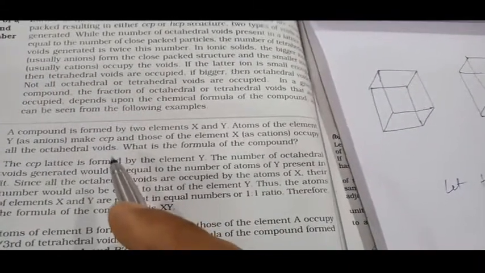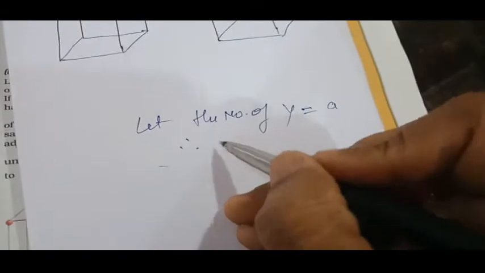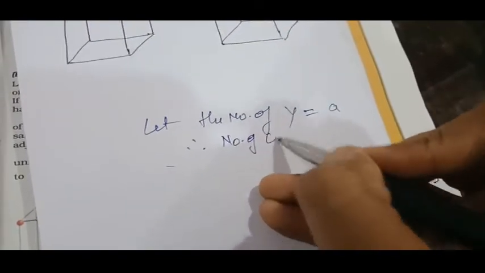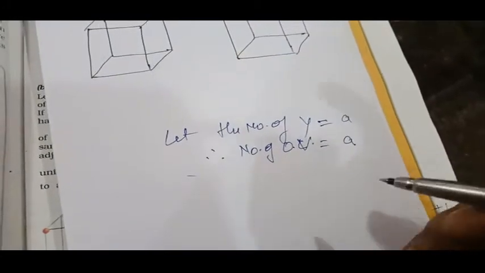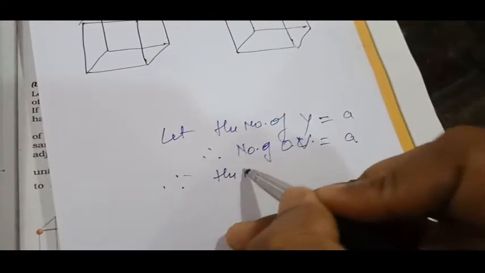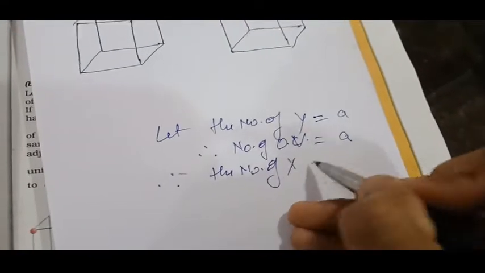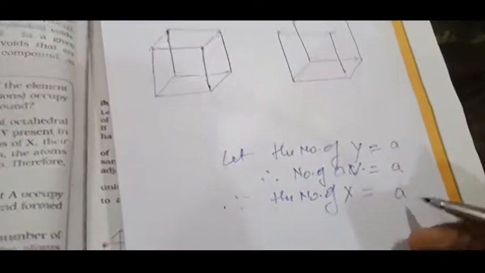So if the number of particles is A, the number of octahedral voids is also A, according to that concept, and therefore the number of X particles is also A. Why is it A?